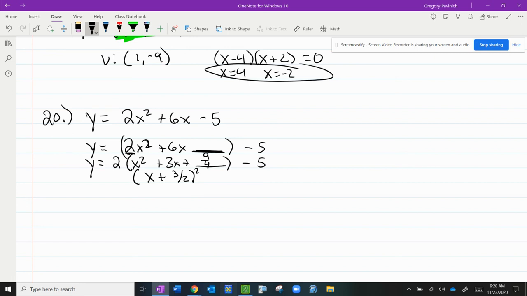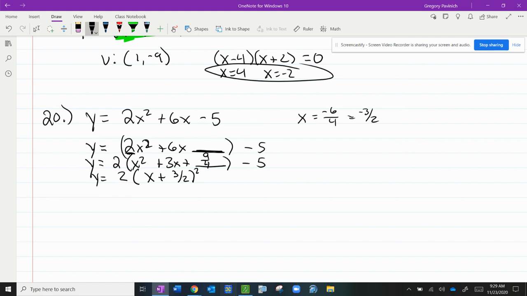Algebraically, decimals, yucky. Don't do them. Okay, so I know the x value of my vertex is -3/2. I could prove that by doing opposite b over 2a. I can tell you that that's what I should get, right? So I know I'm good there.